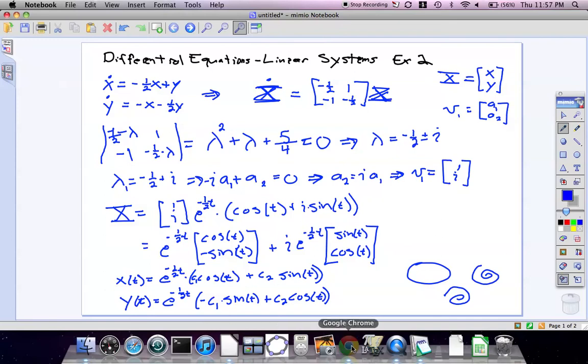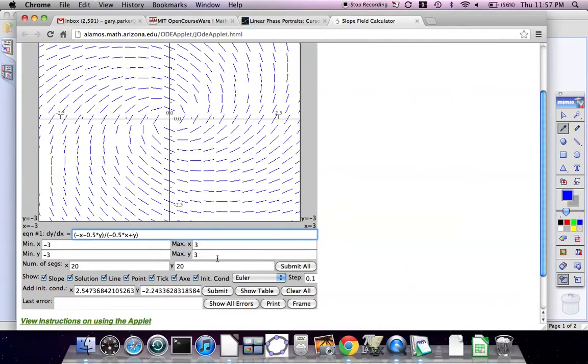So here, this is a program I've listed on our differential equations website. I just come up here, and for dy/dx I type my y dot over x dot. Half the time, because usually when we write the systems, we write x dot and then y dot underneath, be really careful about the order.